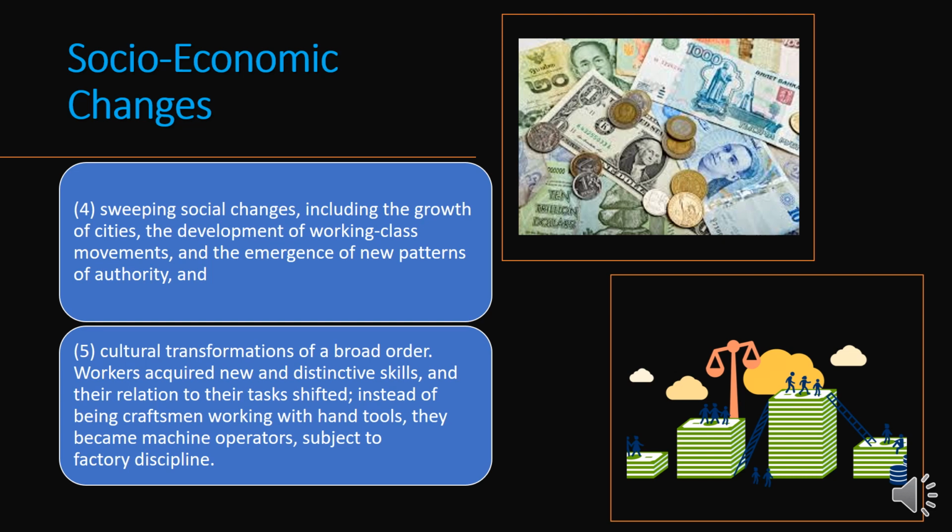And last, the cultural transformation of a broad order. Whereas before, peasants and artisans who were trained and expert in their field were few and far between, with mass production and the factory system, a lot of workers are needed to produce a product, and produce them by hordes, by thousands, not just by a piece.